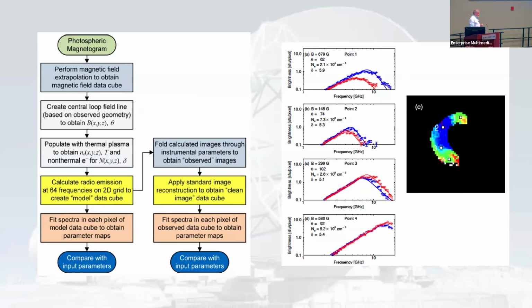So the hope and the dream, ultimately, and I'll show you an example in a moment, is to be able to track the spatiotemporal evolution of the accelerated particle distribution and the magnetic field that's implicated in this.